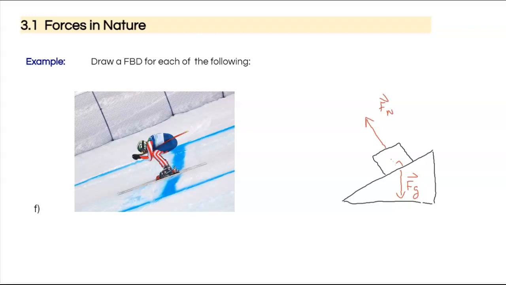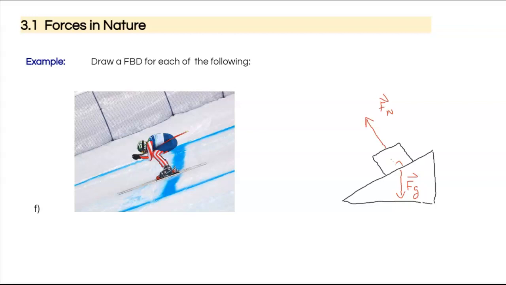Now, what's actually causing this person to move downhill is a component of the gravitational force. In grade 12, you'll look at how we can separate gravity into components to show the downward motion down the hill, but we can save that for another day.